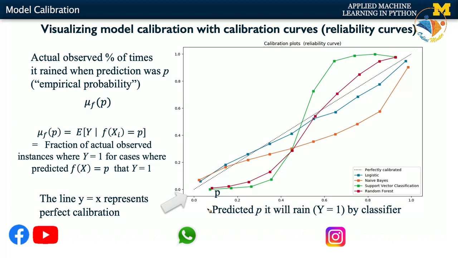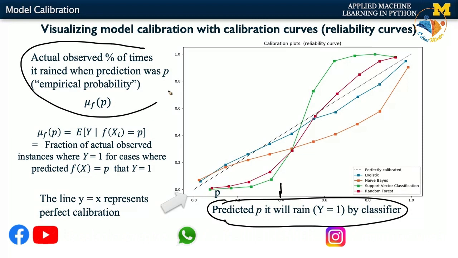Along the x-axis, we have the predicted probabilities from a classifier. So we take all the instances for which it predicted a particular probability p, let's say 0.4, and put those into a bin. And then we compute the empirical probability and show that on the y-axis.